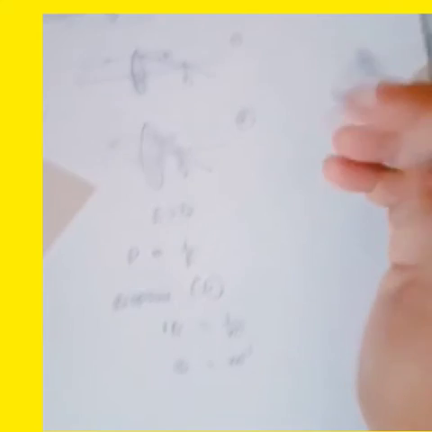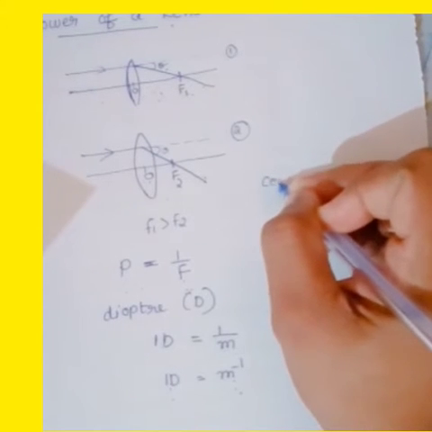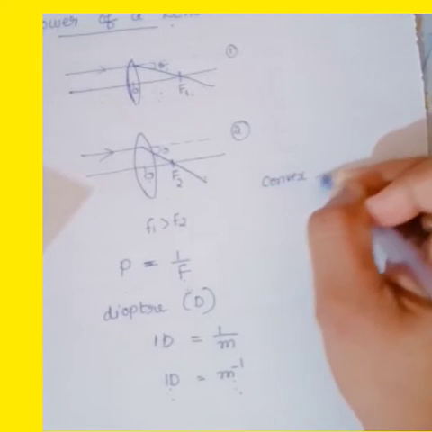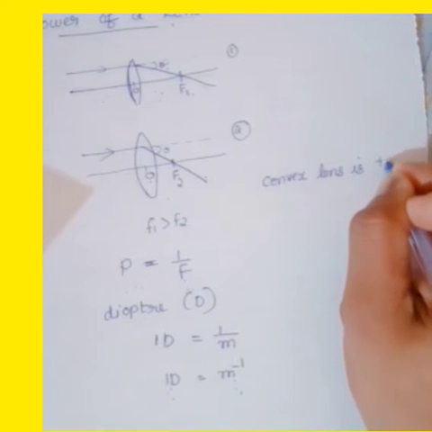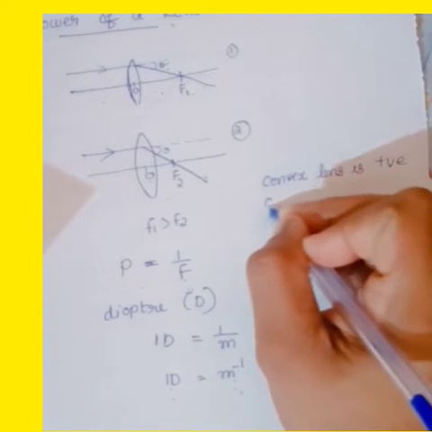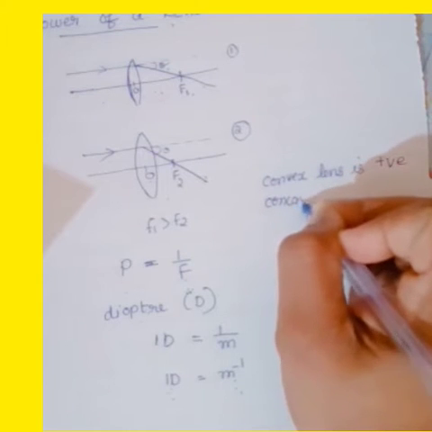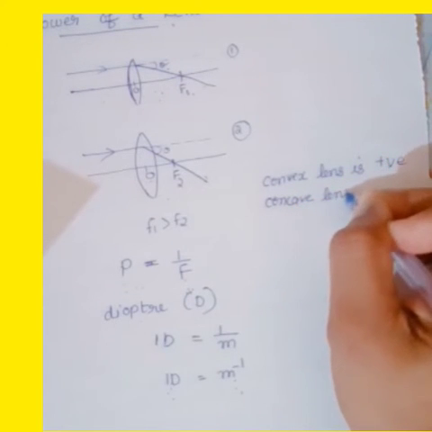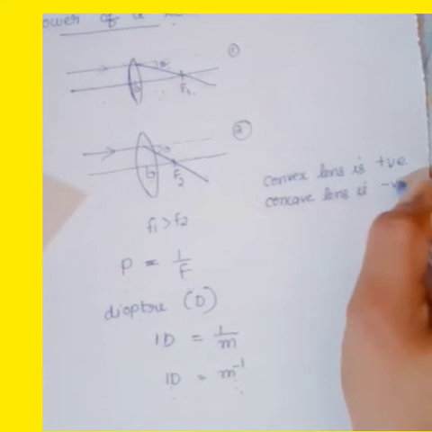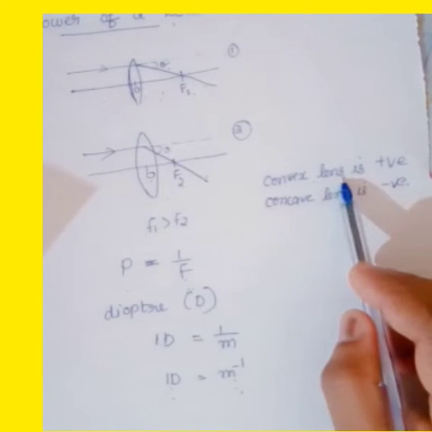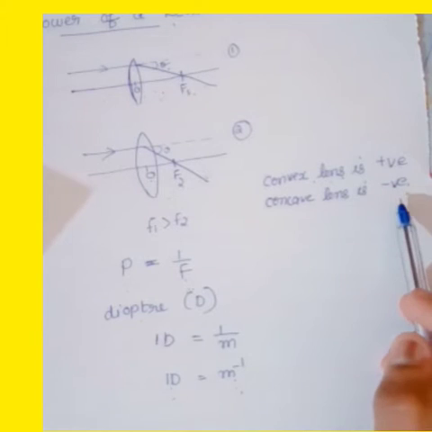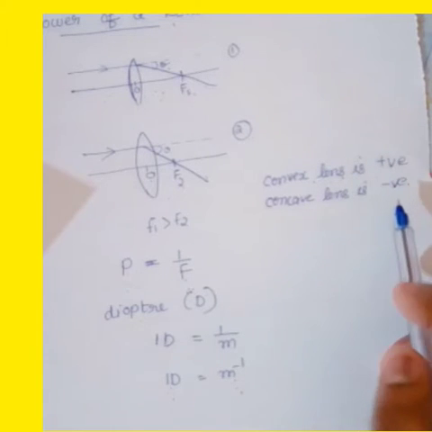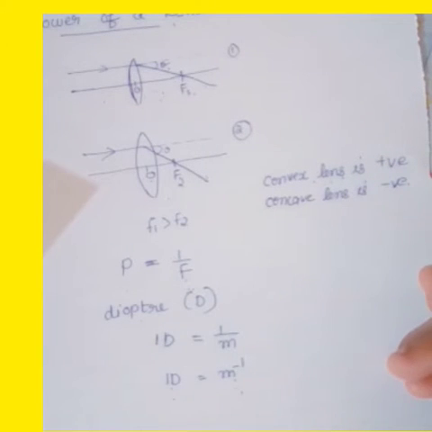Also note that the power of a convex lens is positive, and that of a concave lens is negative. Suppose an optician prescribes corrective lenses indicating the powers.